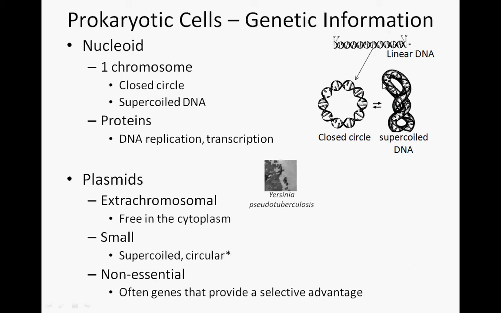And also the degree and the shape of the supercoiling has a lot to do with which genes are expressed at any given time. What is also present and associated with chromosomal DNA are several proteins, and the proteins that you find in association with supercoiled DNA are usually involved in DNA replication, in gene transcription, things like that.